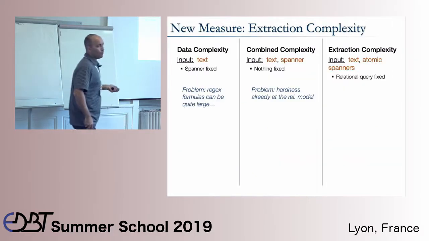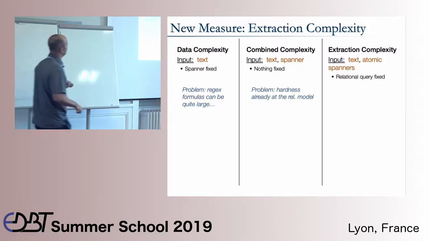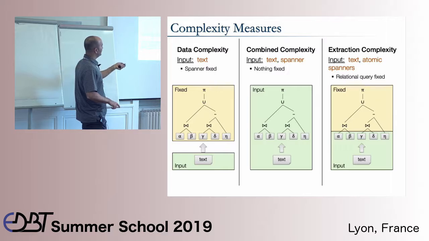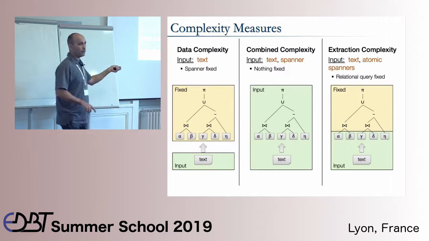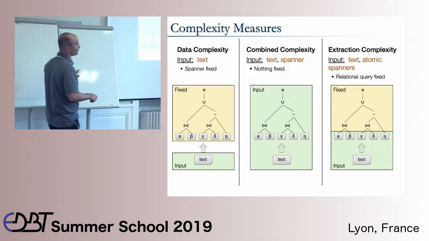All right, so we and others have been looking at this third notion of complexity, where instead of fixing nothing or fixing the entire query, you're fixing only the relational part of the query. This is something called the extraction complexity.